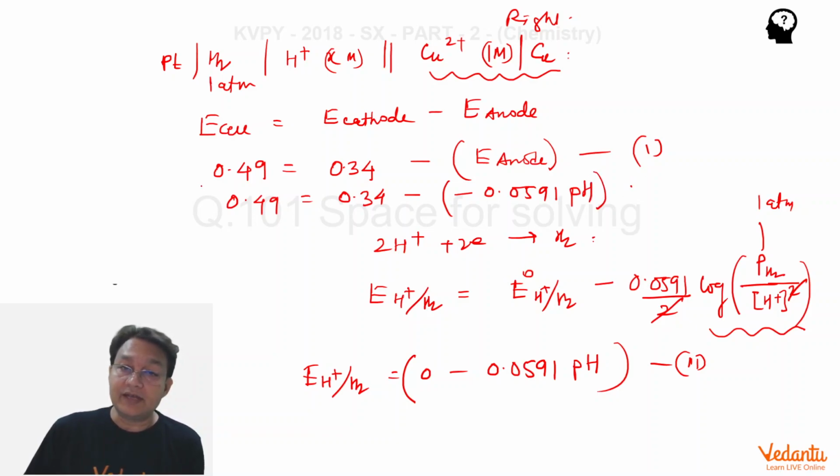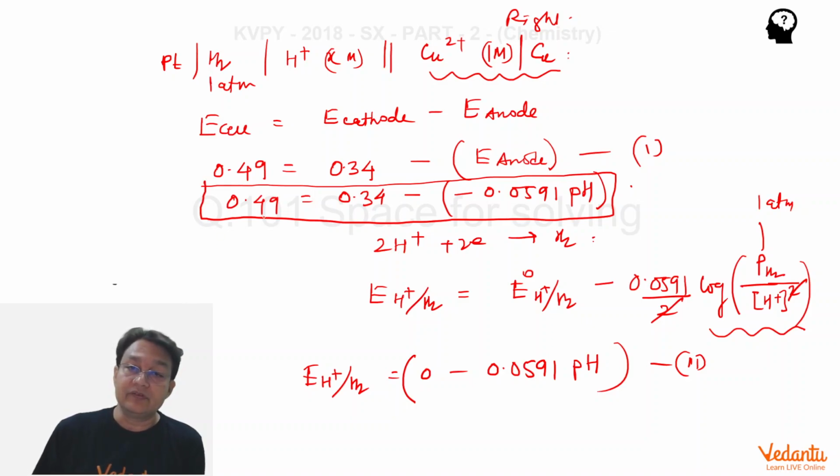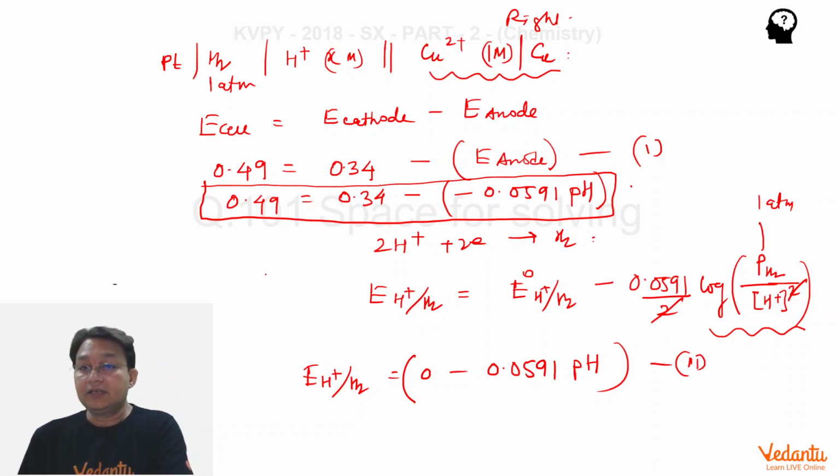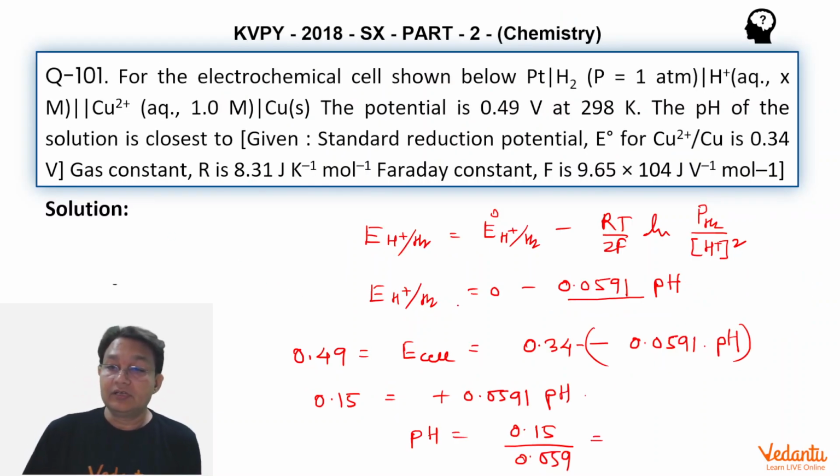If you look at this result, you can quickly calculate the pH. So what will be the value of pH? Solve this and we will get the value. 0.49 minus 0.34 is equal to 0.15, which is equal to 0.0591 times pH.